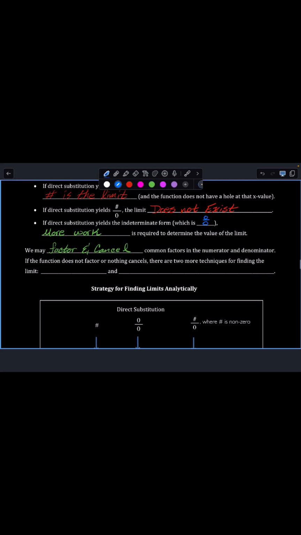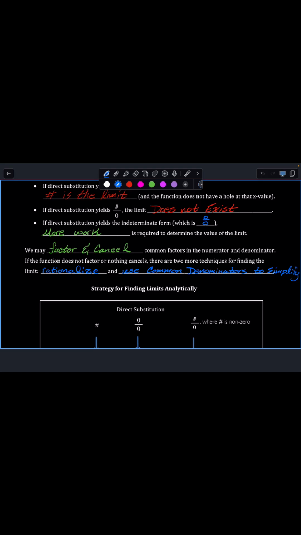We can rationalize the function. And use common denominators to simplify. So, either we're going to factor and cancel, or we're going to rationalize this function, okay?